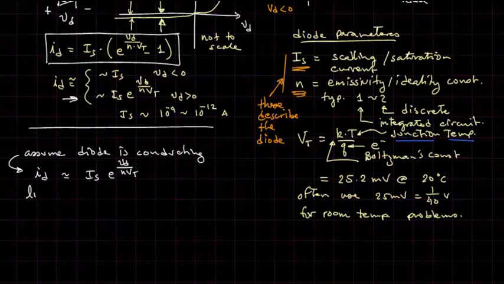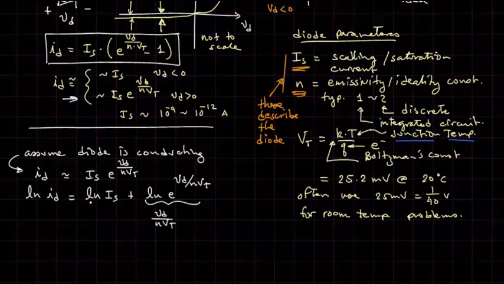If we take the log of both sides, then we'd have on the right log of Is plus log of our exponential, which of course just gives us Vd over nVt. And if we bring this guy over to this side, we would have log Id minus log Is is equal to, and we can put that whole thing times nVt, is equal to Vd.